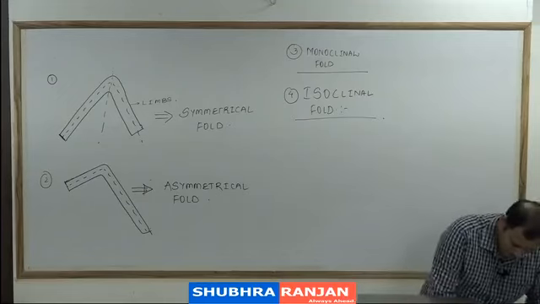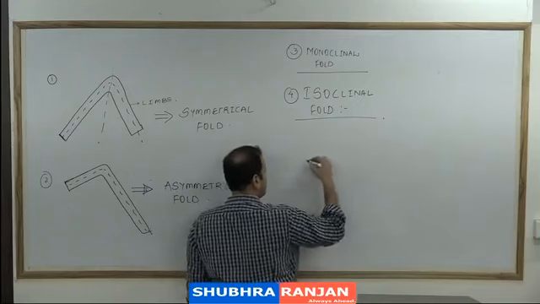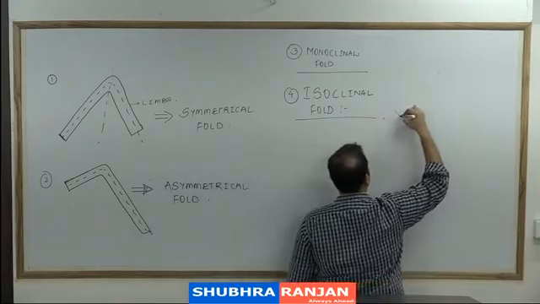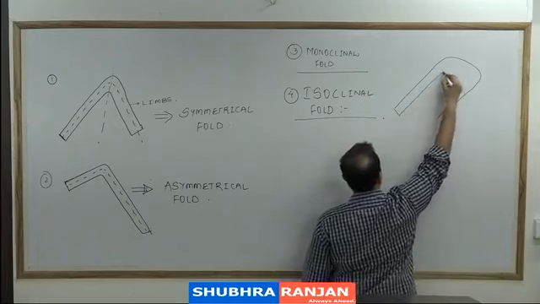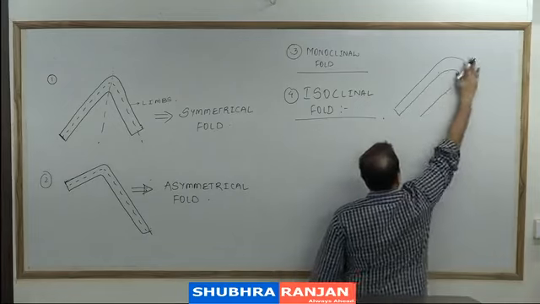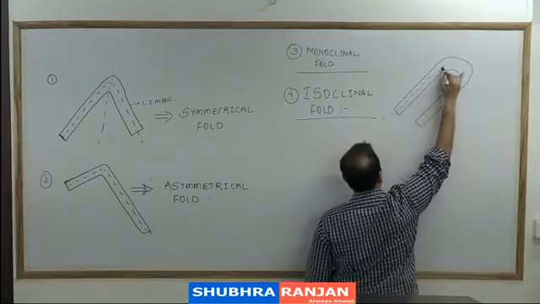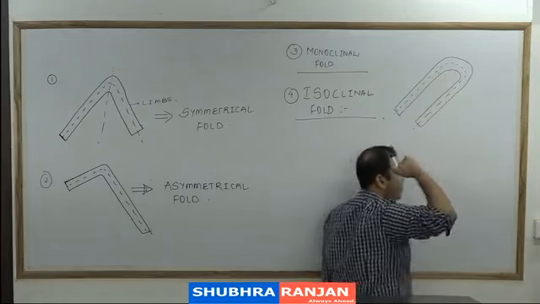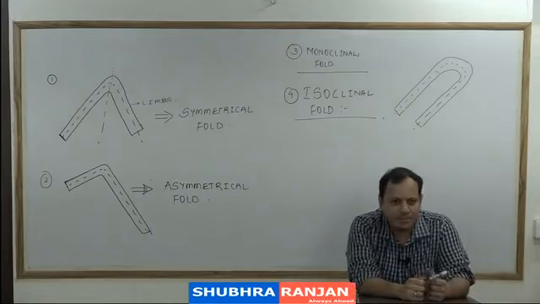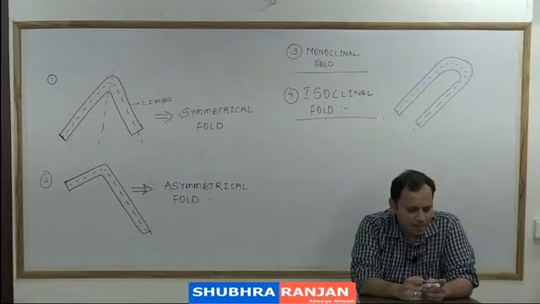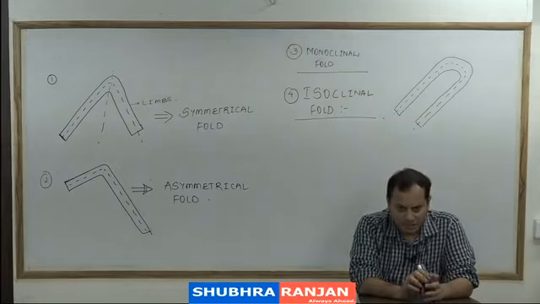Isoclinal: if the compressive forces from both the sides are strong, both the limbs become steep and more or less parallel to each other.